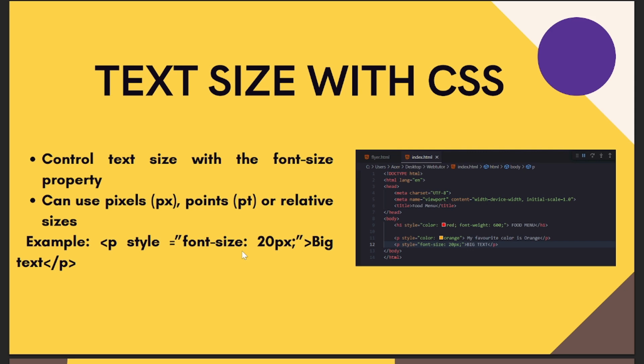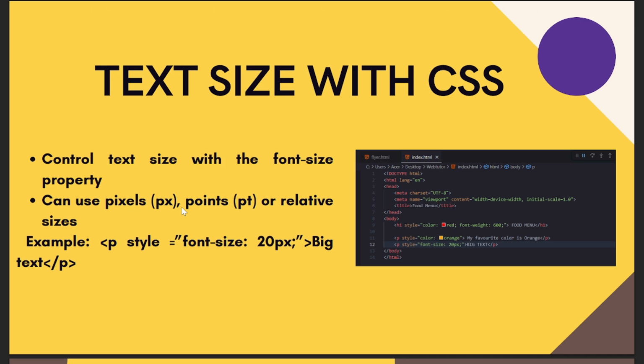Now, there's something called text size in CSS. How do you increase the size of your text? Now, I don't like how my p tag is looking, but I want to increase it. How do I do that? You can use pixels. Pixel is what you use for your font size.